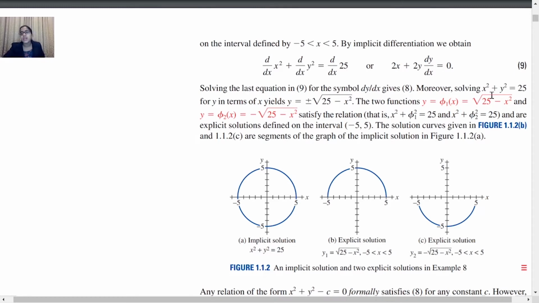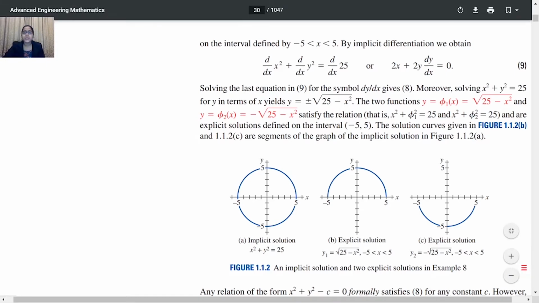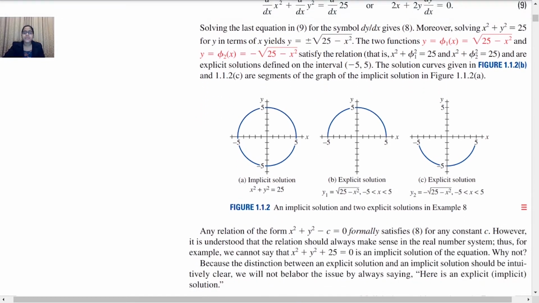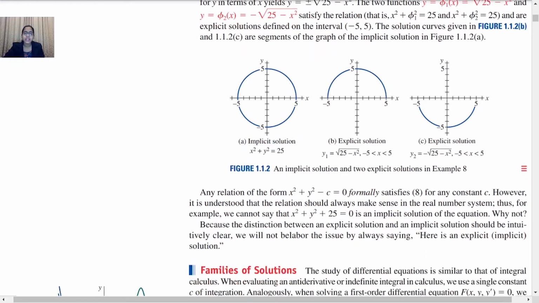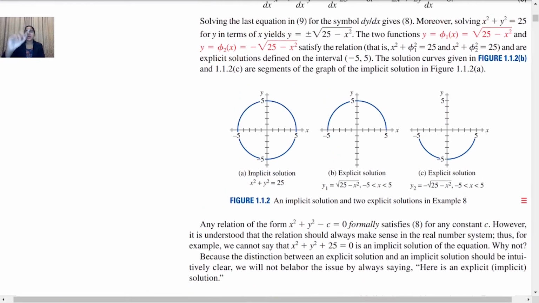If we solve this expression in terms of x, we get y = ±√(25 - x²). Again we are writing y as a function of x, so this also forms a solution of the given differential equation.